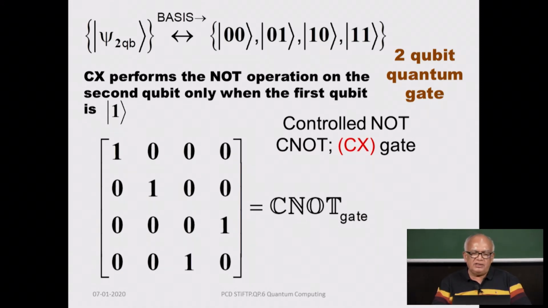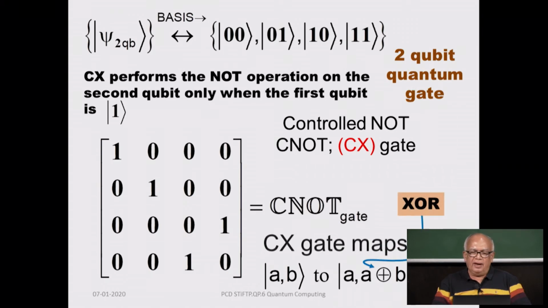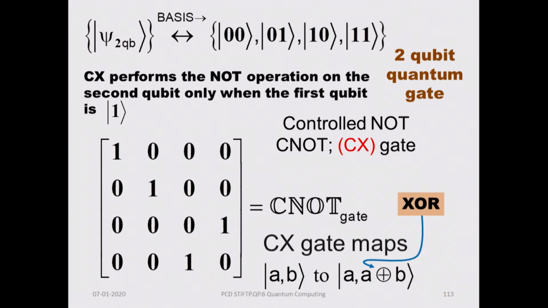So, this is the matrix representation of the control NOT gate, and it is represented by the statement at the bottom that AB goes to A comma A XOR B. What is that? Exclusive OR.